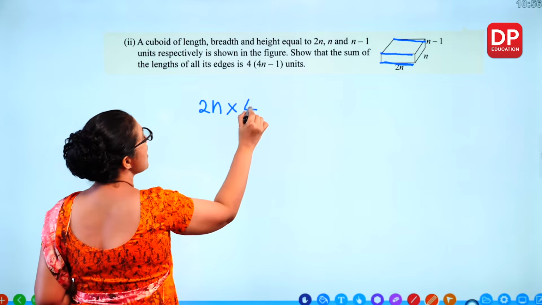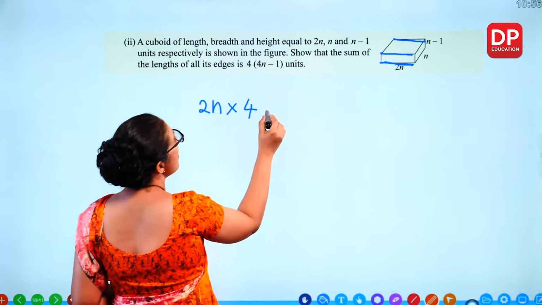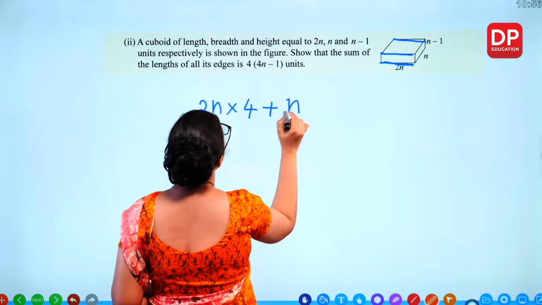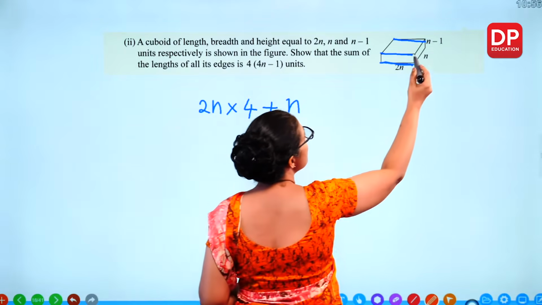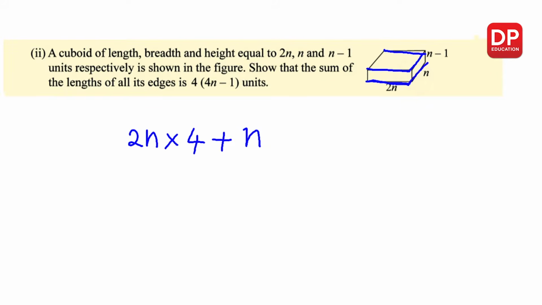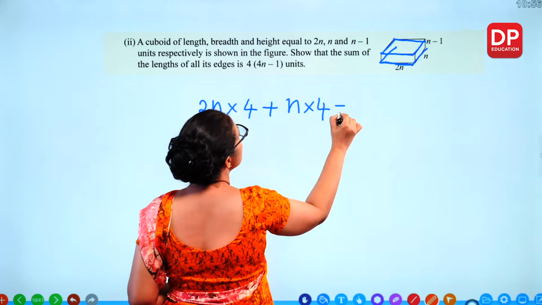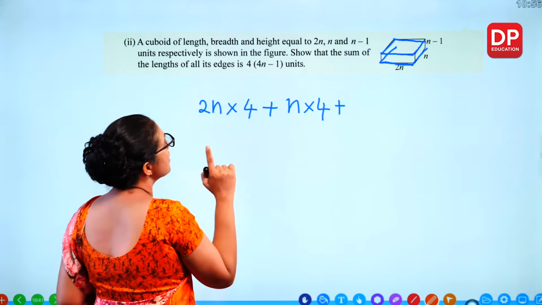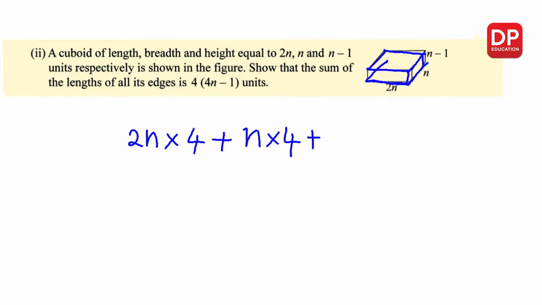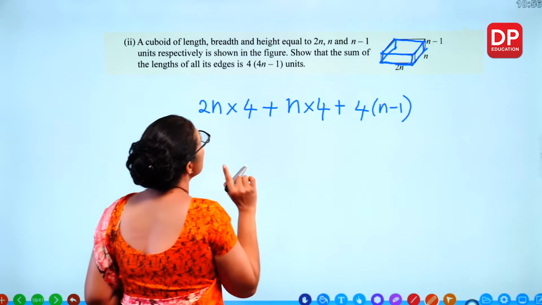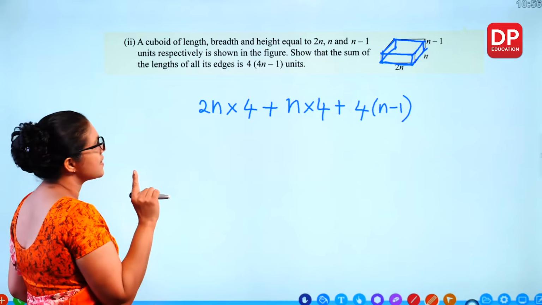So 2n times 4. Then how many sides are there with n? n is the breadth. That means this side 1, 2, 3 and this side 4. How many sides with height? 1, 2, 3, 4. So 4 times (n minus 1). That's the sum of all lengths.